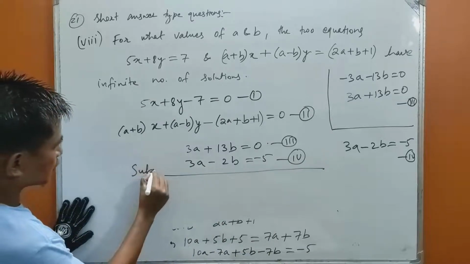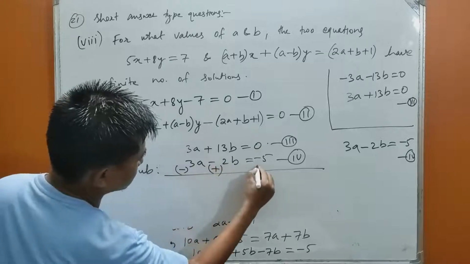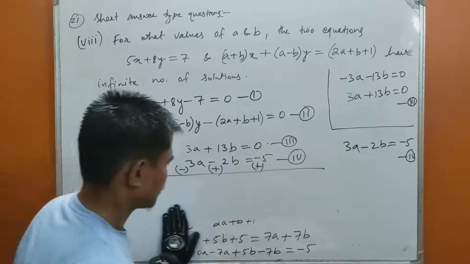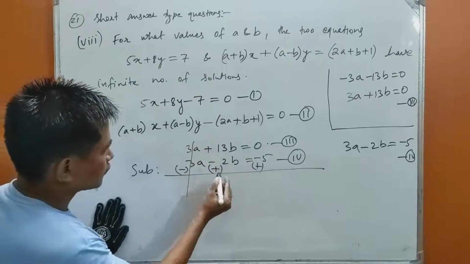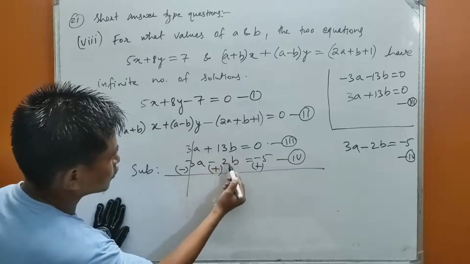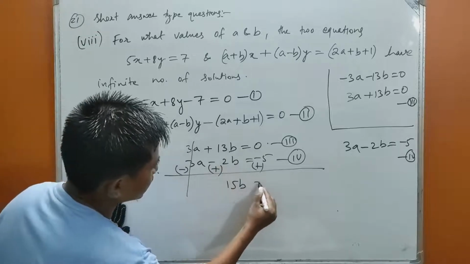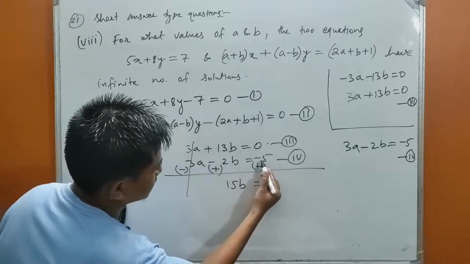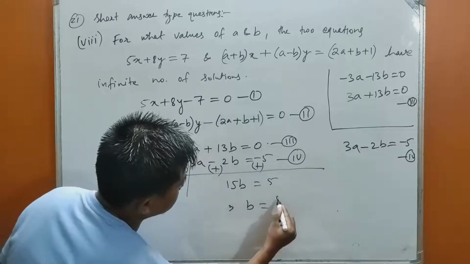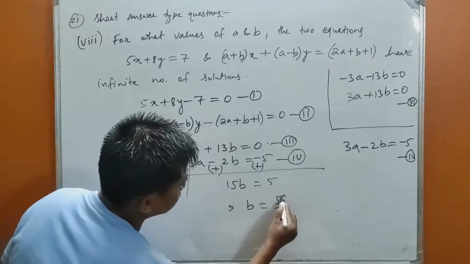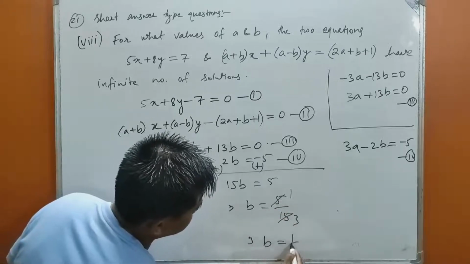Subtracting equation 4 from equation 3, this becomes minus, this becomes plus, this becomes plus. Plus 3A and minus 3A cancels out. Plus 13B plus 2B is 15B equals plus 5. This minus 5 becomes plus 5. Or B equals 5 upon 15, so B equals 1 upon 3.